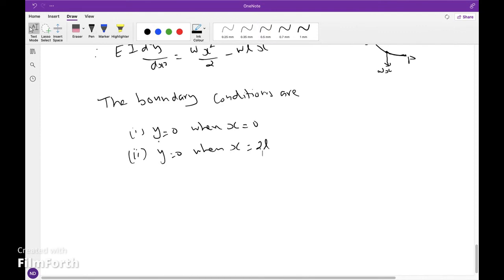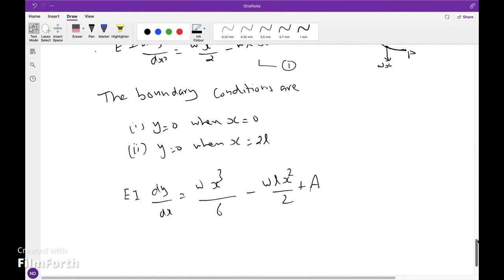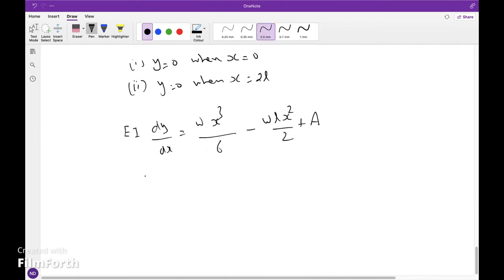Now integrating this equation, let us call it equation number 1. EI dy by dx is equal to omega times x cube by 3 into 2, that is 6, minus omega L into x squared by 2 plus some constant A. Now again integrate with respect to x, we can get y.